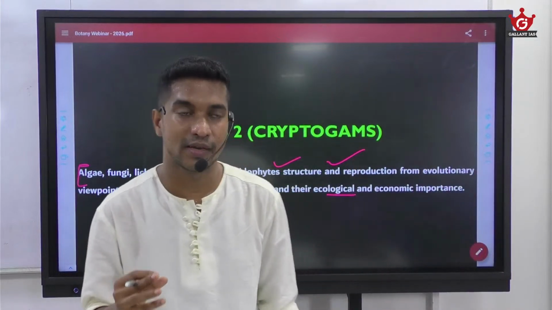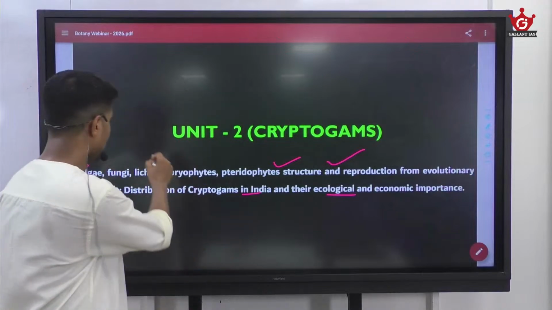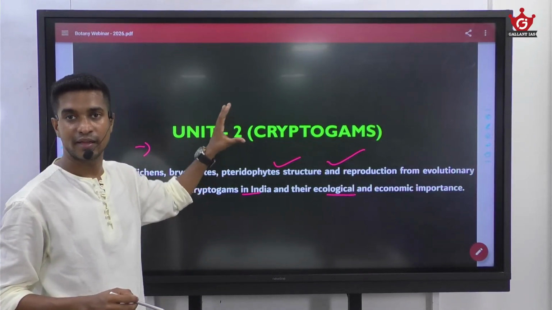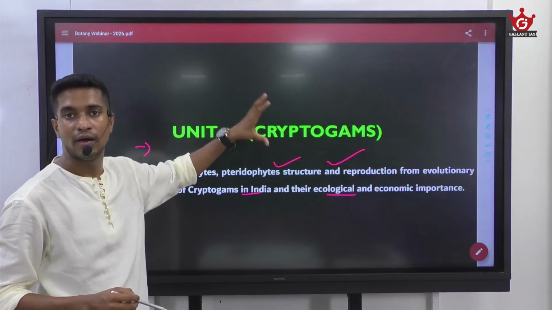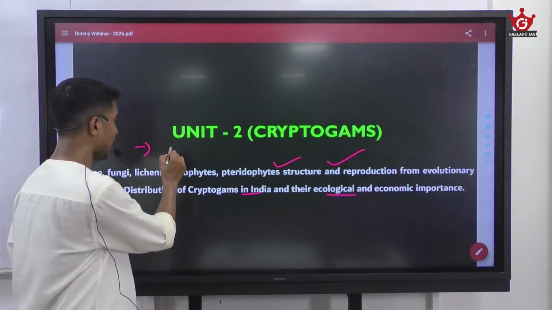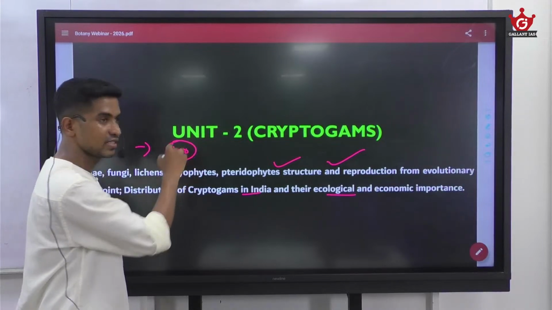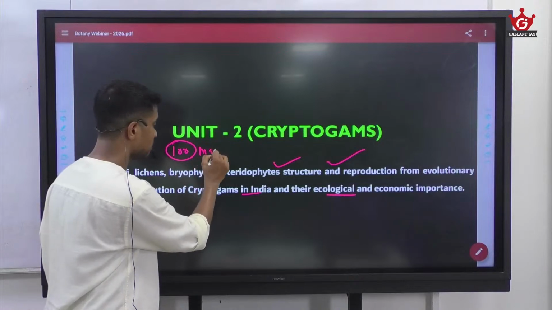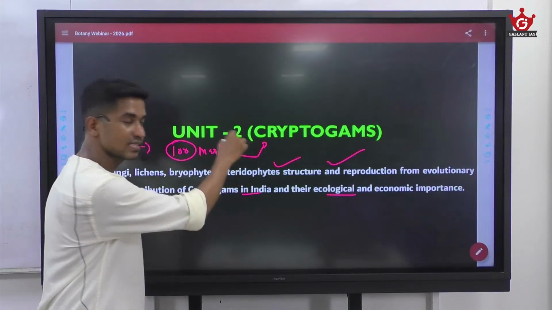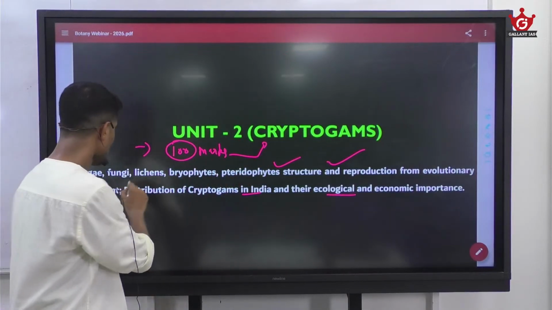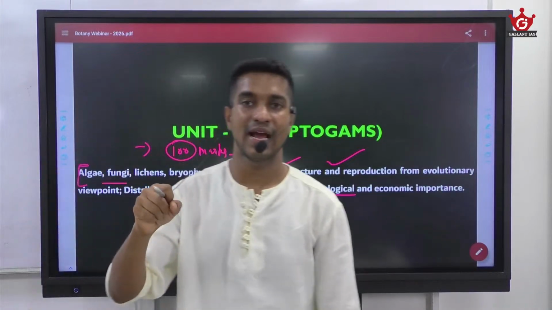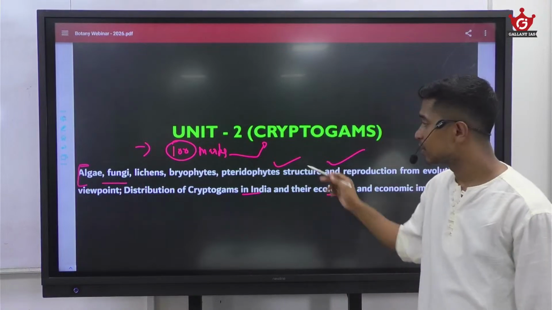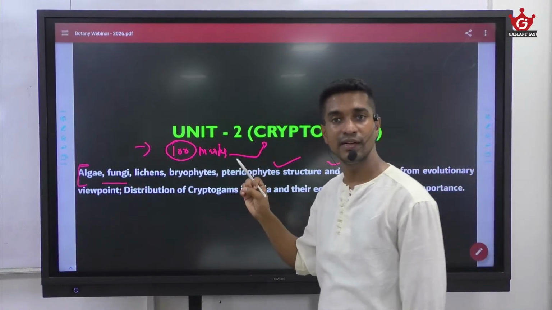Looking at the questions of paper 1, on an average you get a 100-mark question from this particular unit, either from algae, fungi, bryophyte or pteridophyte.